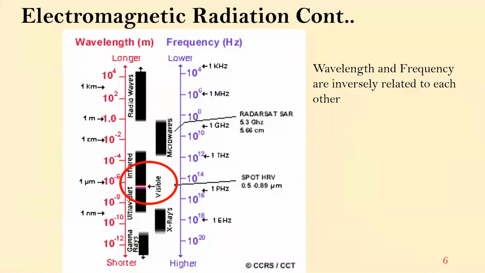The remote sensing system is engineered to capture the reflectance of the other portions of electromagnetic radiation too. Most of these Earth orbiting satellites capture the visible portion and partly the near infrared and short wave infrared portions of the electromagnetic radiation. The microwaves are mainly used in active remote sensing.